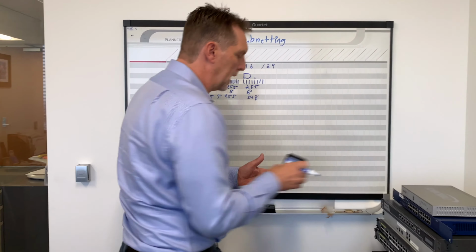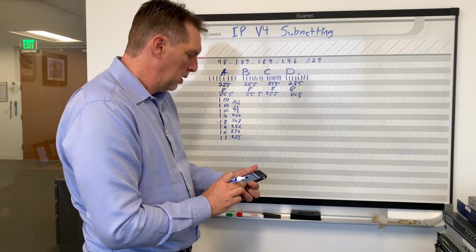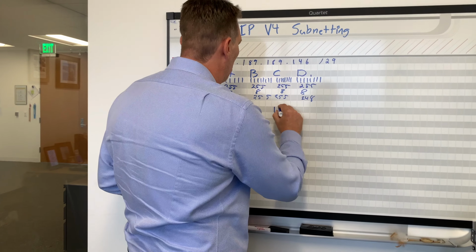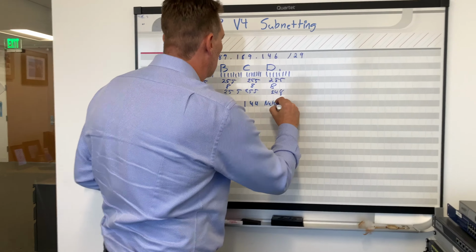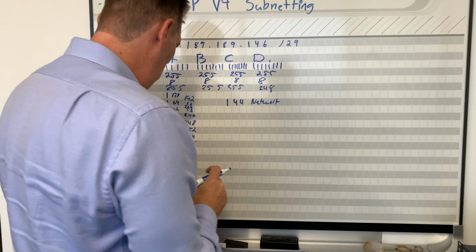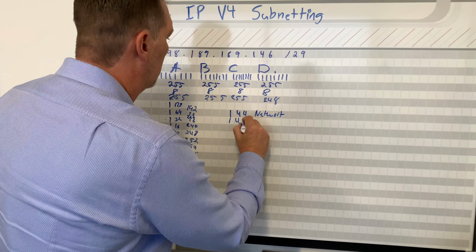So you start off with, on here, you have 144 is the network. Usually the next one up is the gateway.